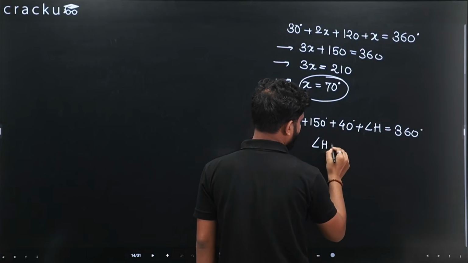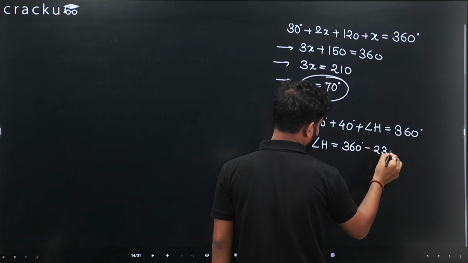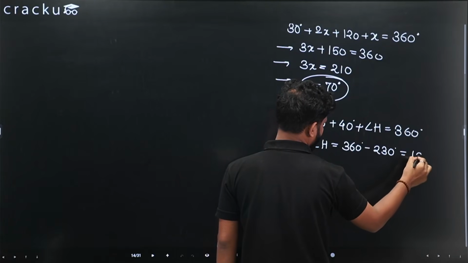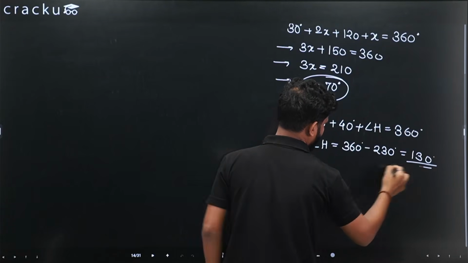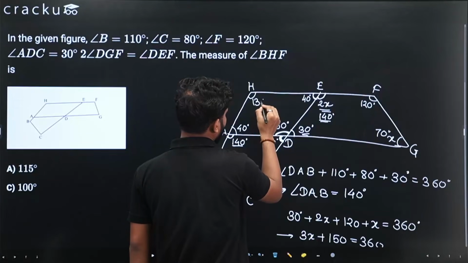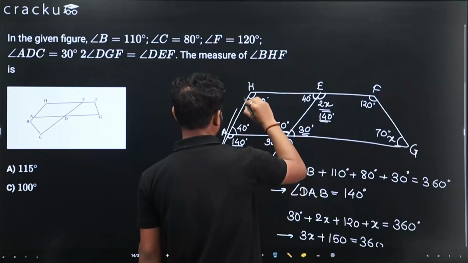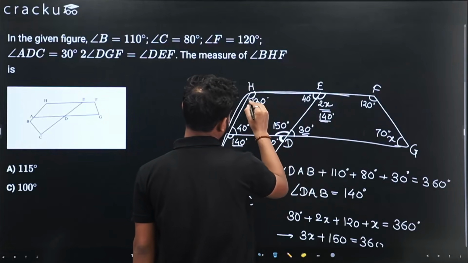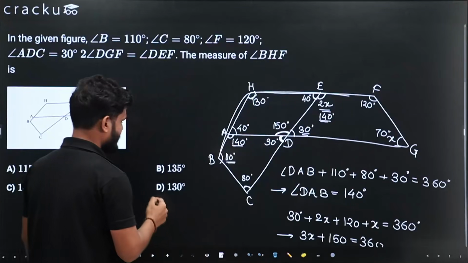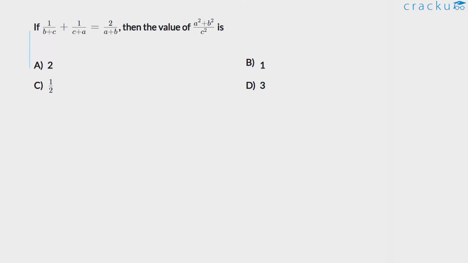So angle H will be 360 degrees minus 230 degrees, which is nothing but 130 degrees. Right? And what we need to find is BHF. So BHF, this angle, is 130 degrees. It is given in option D. So option D is the correct choice here.